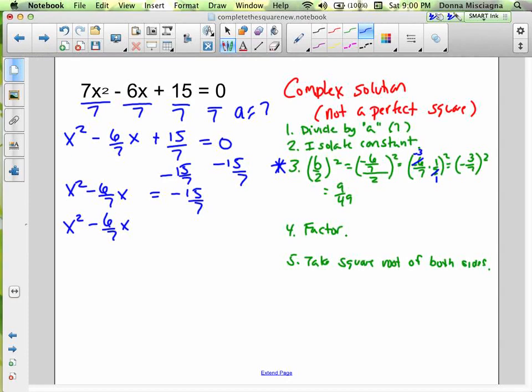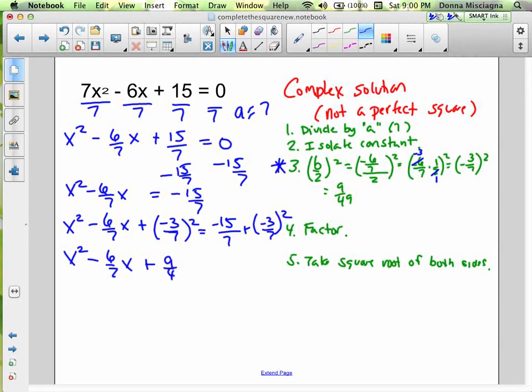Since I have a 6 in the numerator, half of 6 is 3. So half of 6/7 is 3/7. We have to add the same thing to both sides, so negative 15/7 plus negative 3/7 squared. That gives us x squared minus 6/7 x plus, now we'll just square them, 9/49.